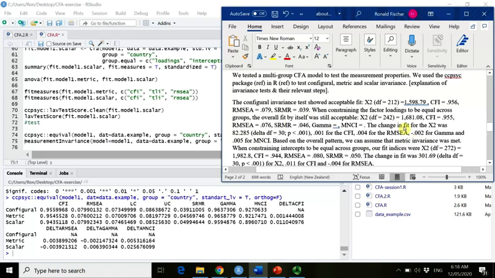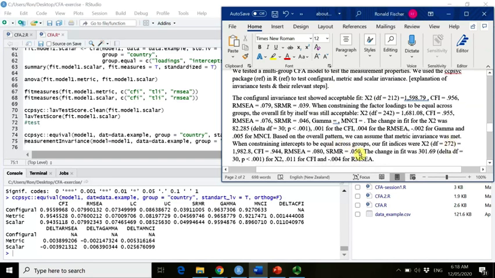So again, that shows very clear evidence that metric invariance was met, but when we constrain the intercepts to be the same, we would include the gamma here and the MNCI here. So we would get these values here and then also include these changes here.